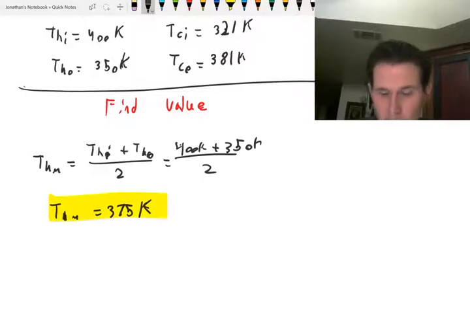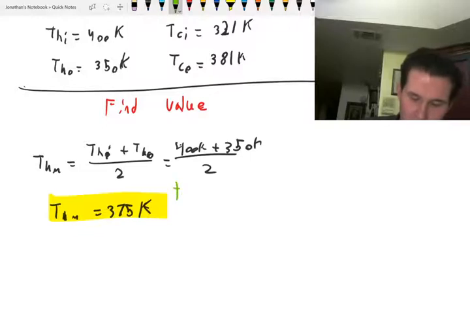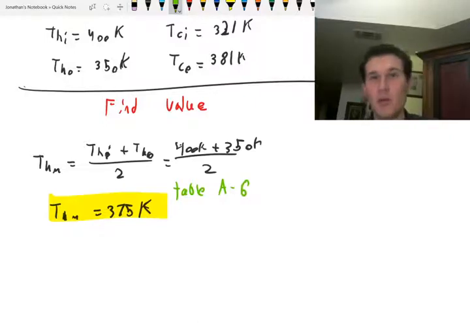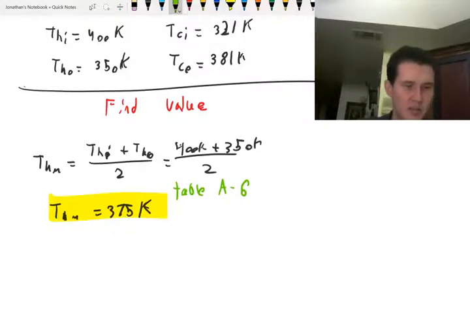Where do we look now? We look to table A-6. We open up our trusty book. We go to table A-6.